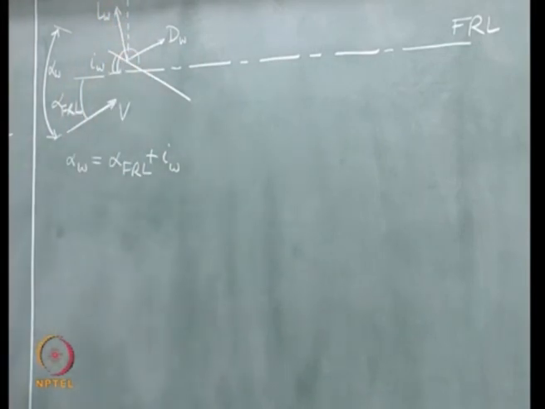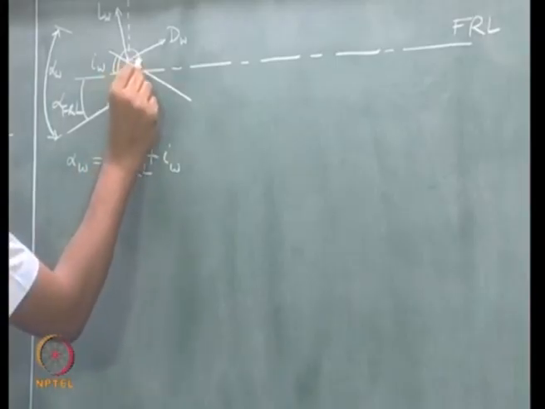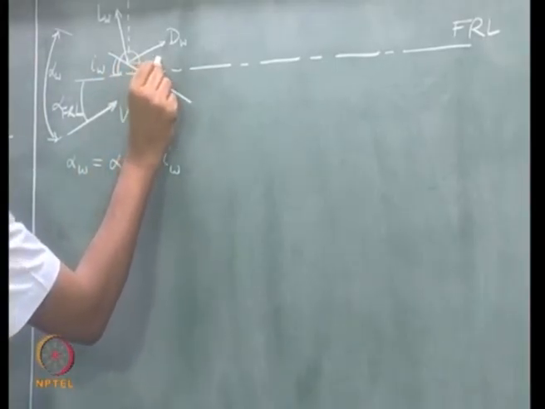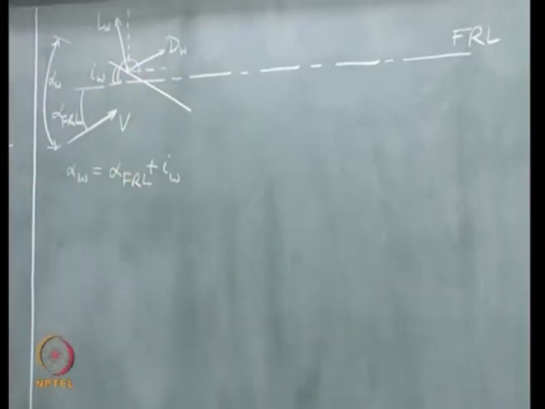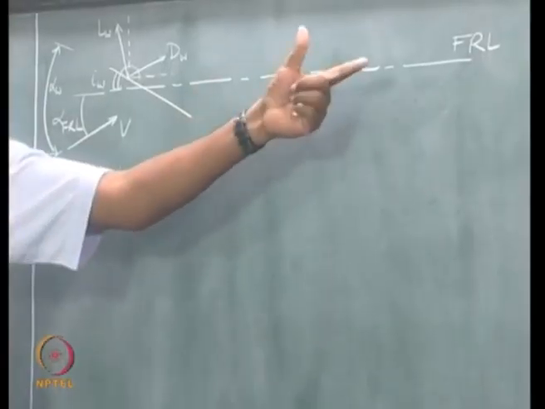This we have seen in the last class, so I will not go on describing this completely in this class. We will focus on what is happening at the tail, right.